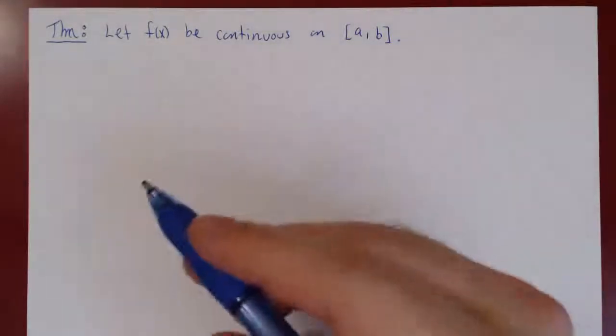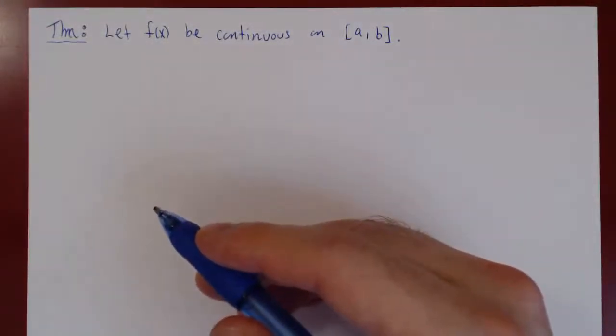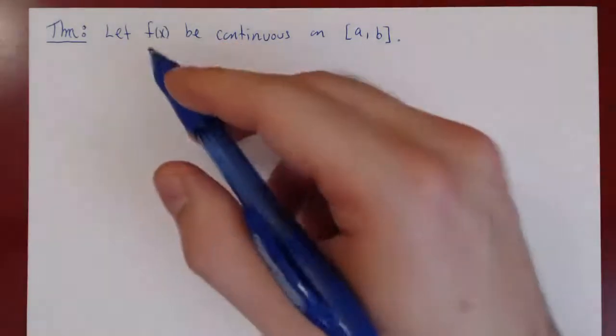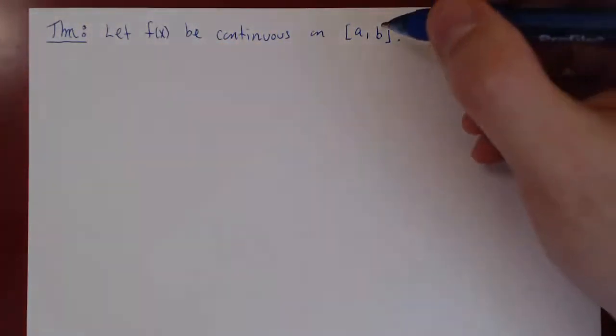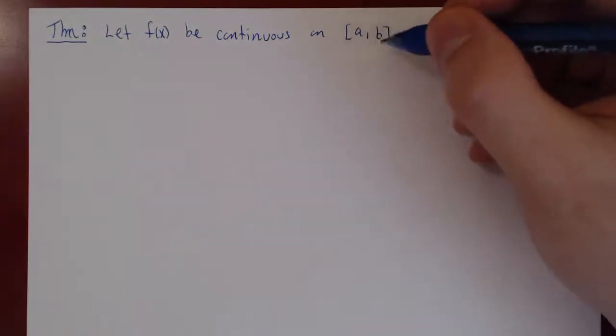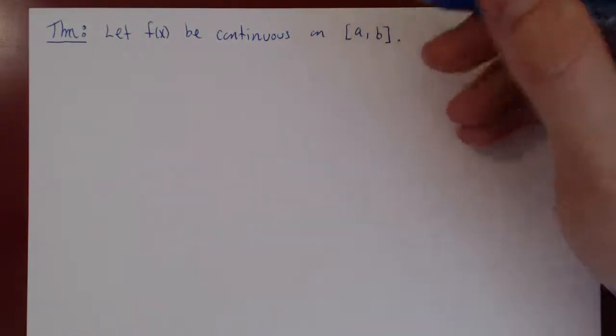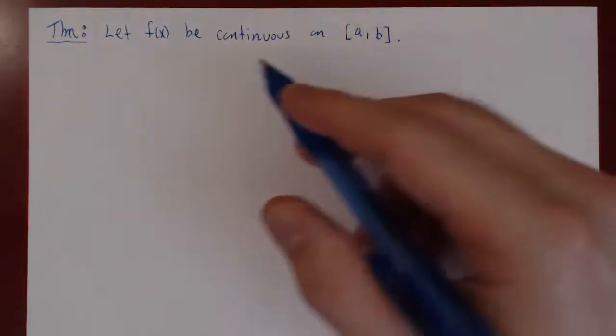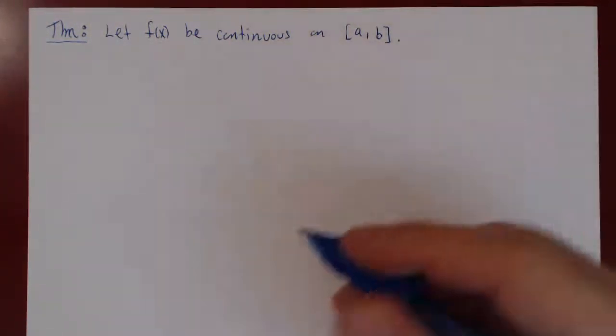This is our assumption. And again, by the extreme value theorem, this is a result of existence. It says that the function f will attain its maximum and minimum value somewhere inside the interval. But where's that somewhere? That's not very useful. Well, now we know where that somewhere is.